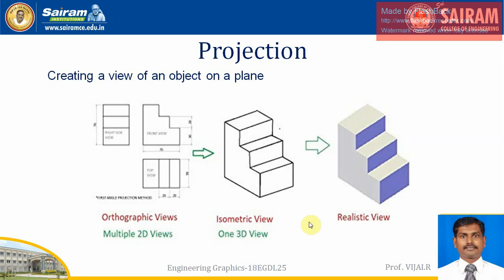The real object, we can view in different ways, and one of the ways is the orthographic view, where on one side we can see the front view, top view and side views. In this case the projector lines pass perpendicularly and you can get the views.